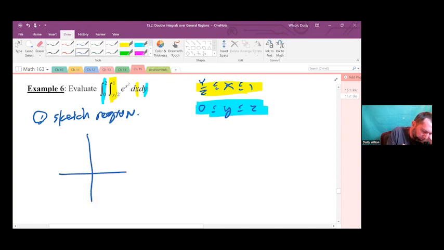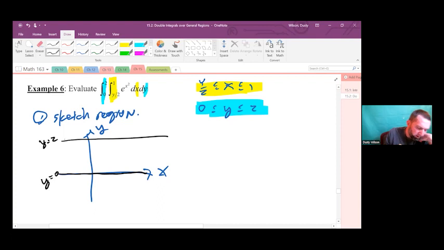Let's see. So we know y equals 0 and y equals 2. So y equals 0 here. y equals 2 here. And then we know x equals 1 would be here.